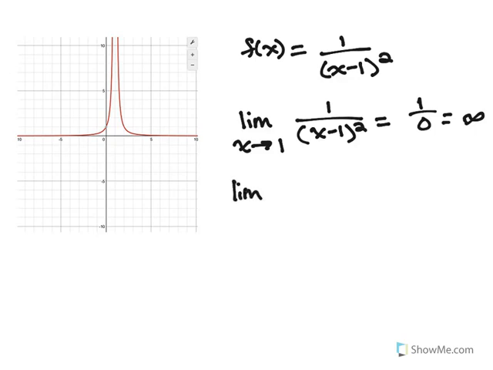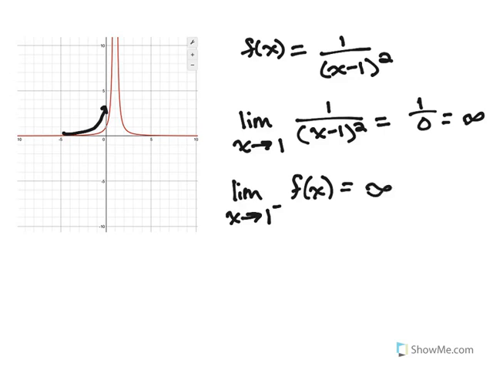But I can also say, if I look at the limit as x approaches 1 from the left of my function, it's going to positive infinity.